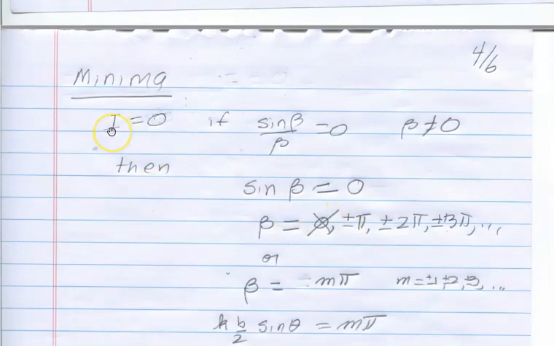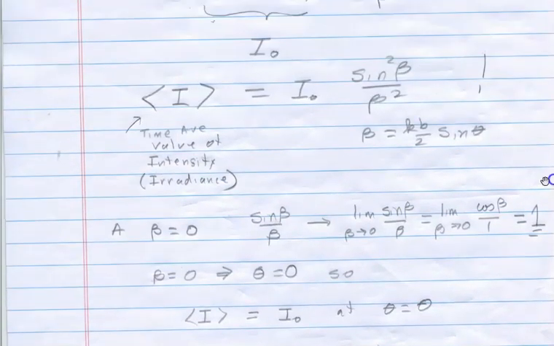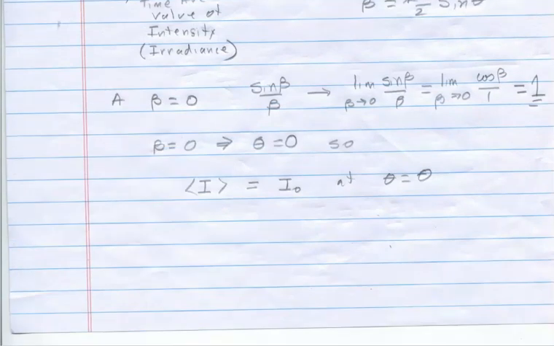Minima occur for I when sine beta over beta squared is 0, which only occurs if sine beta over beta is 0. If you look at the minima, it should be pretty clear. I've got a squared quantity here, and the radiance is always a positive quantity, so the minimum is actually 0.